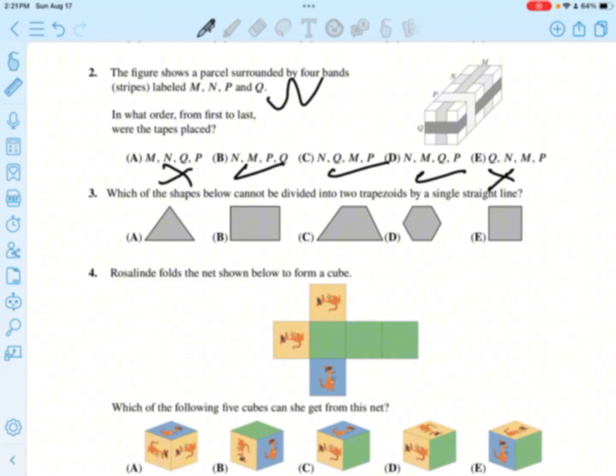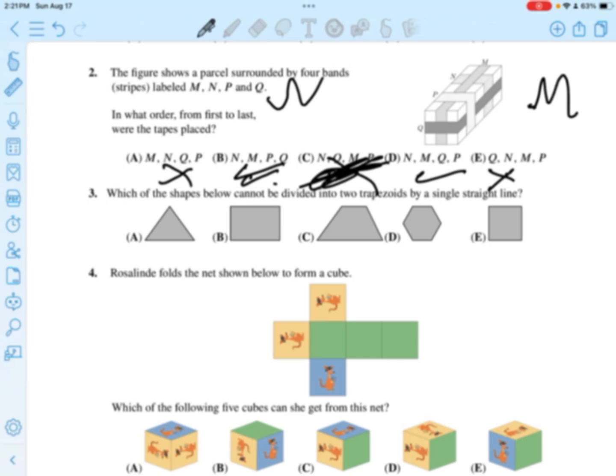So now we have to find the band that has the second most bands over it. And as you can see, it's M, because it has P and Q over it. So that means we have to find the answer which has M as the second letter. And so B has it, which means this still could be the answer. C doesn't have it, so this cannot be the answer anymore.